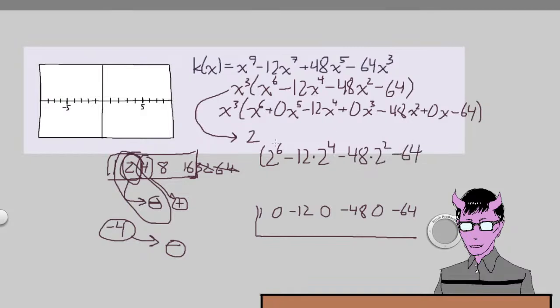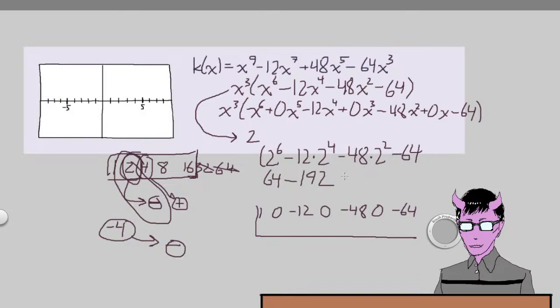Let's see what that gets us. So this is, what is that? That's 4 to the power of 3, which is 64. This one is, 2 times 2 is 4, 16. 16 times 12, that's kind of bad. 16 times 12 is 160 plus 32, 192.